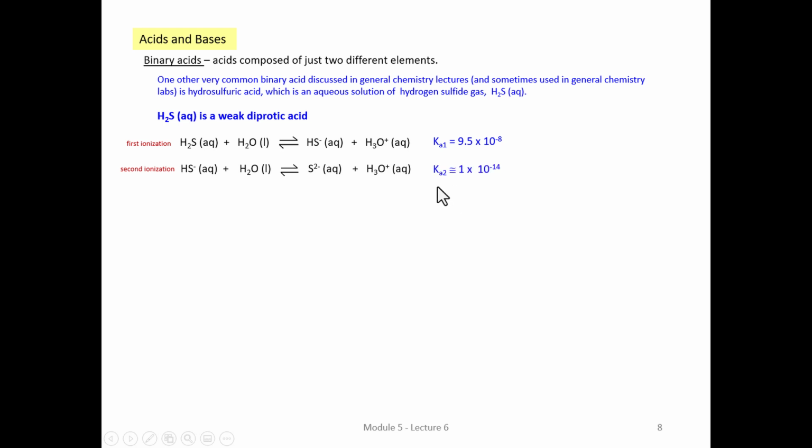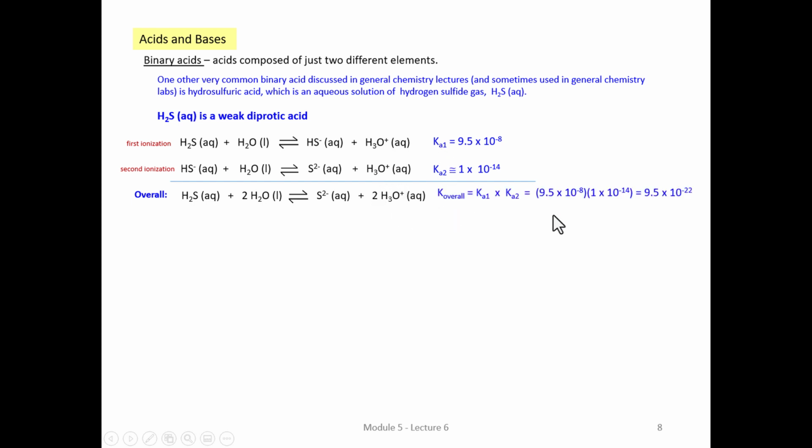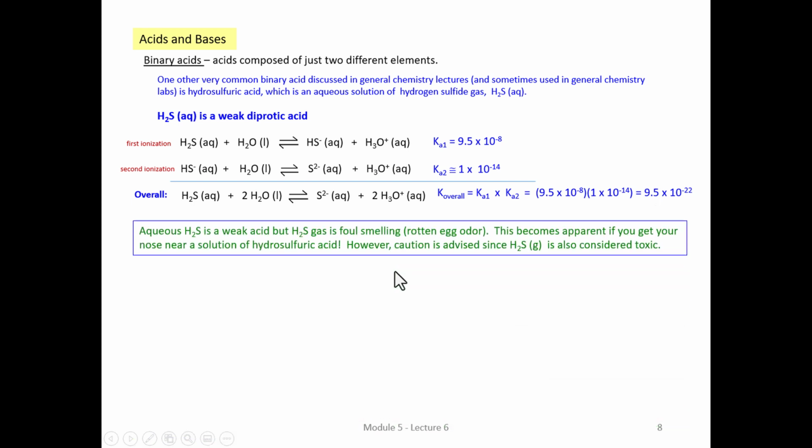The Ka2 here is pretty small. We can actually write an overall reaction here, which would be H2S interacting with two water molecules forming sulfide and two hydronium ions. The overall K here is pretty darn small, 9.5 times 10 to the minus 22.